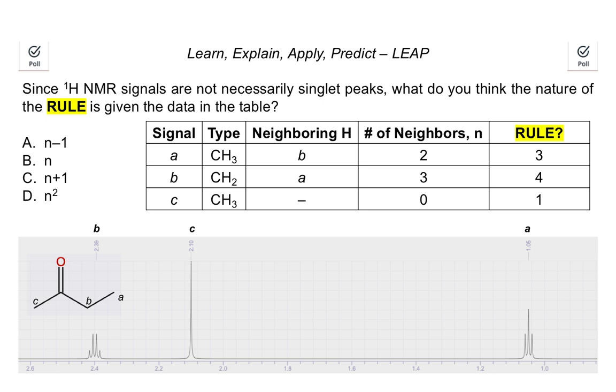So we determined that the rule we used was called the n+1 rule. If we're looking at signal A, so signal A is a CH3 group. It only has neighbor B. That has 2 hydrogens on it. So n+1, 2 plus 1 equals 3.